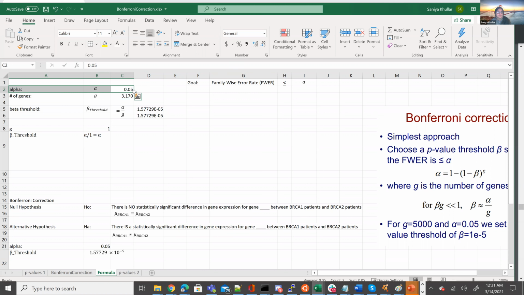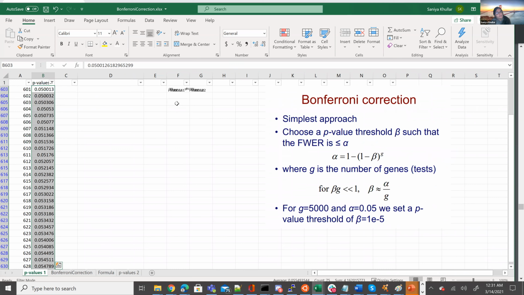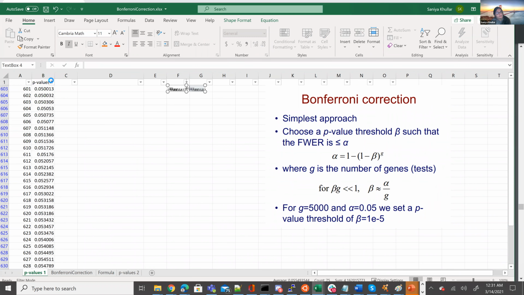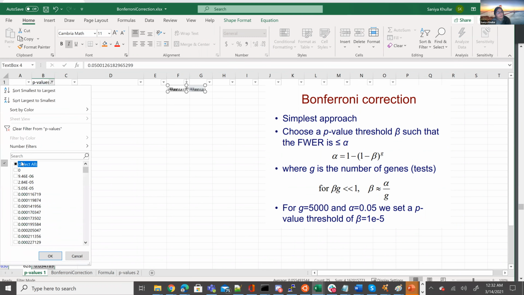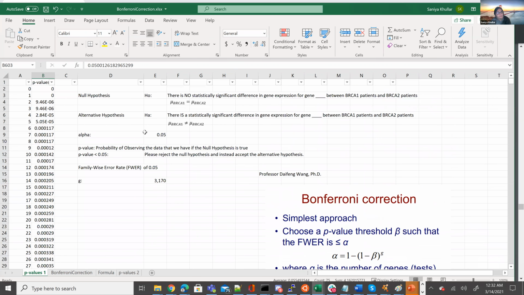We're going to set our family-wise error rate at 0.05, and the only difference is that we're using beta threshold as alpha divided by G. You can think of it as rejecting the null hypothesis if our value is below 0.05, but if we do 0.05 divided by 1, then that's the alpha that we're using.